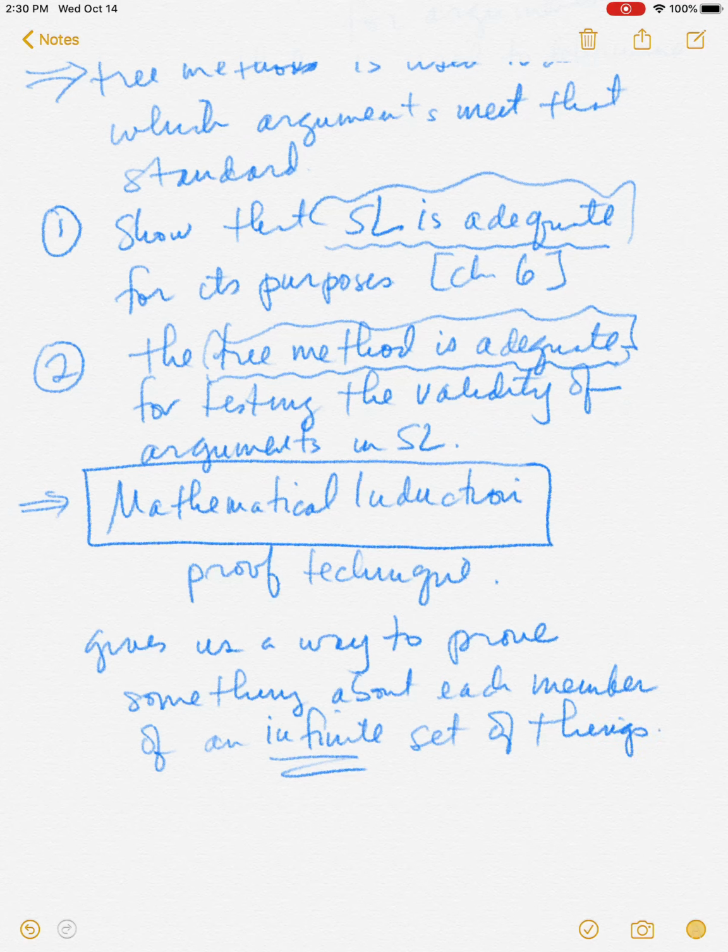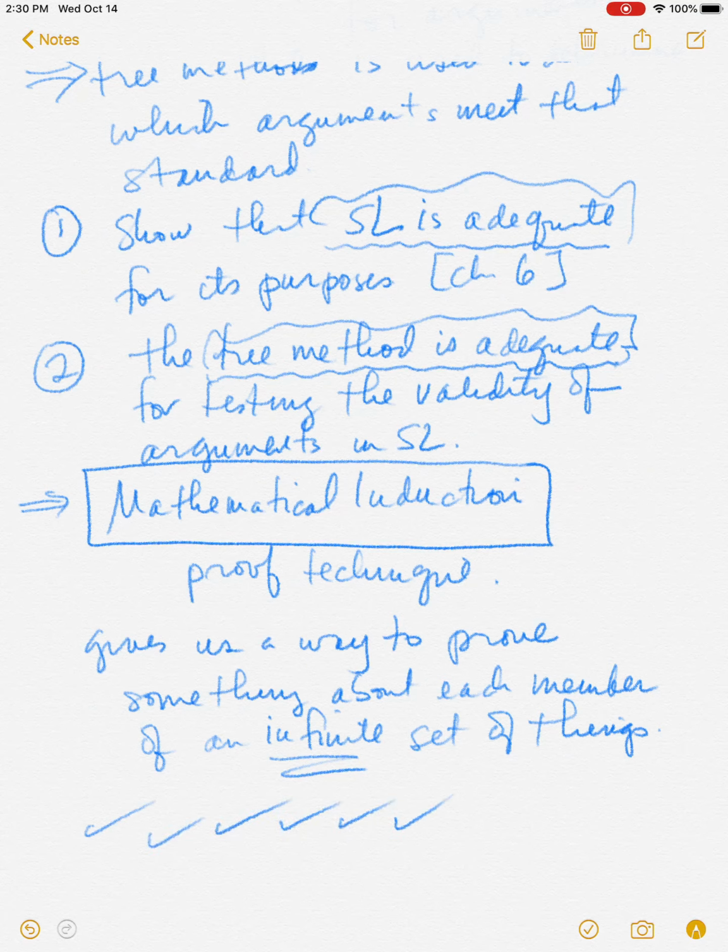Okay, so here's a question. How can we prove something about an infinite number of things? So suppose we've got this infinite collection of things, and we want to prove that every single one of them has some particular property. Call it P, property P. Well, we can't examine them all. We can't say, well, that one has it, and that one has it, and that one has it, right?